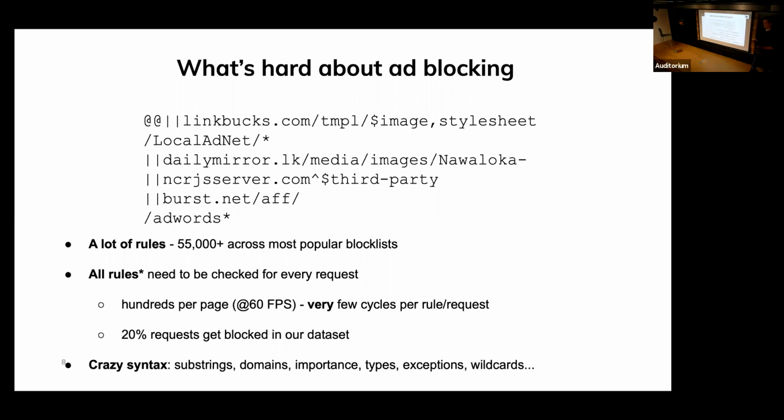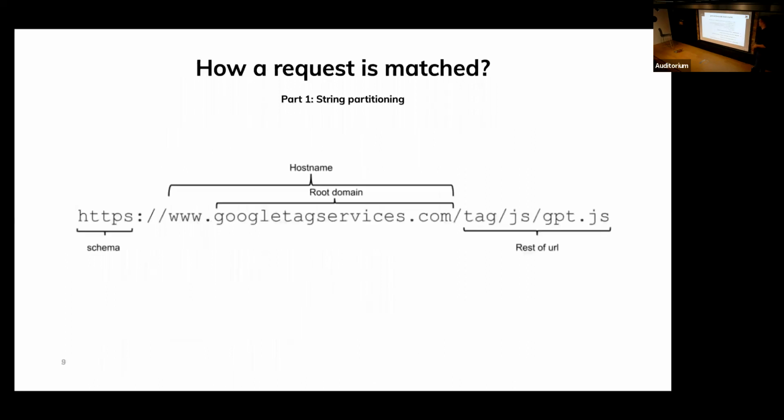You have not-types, so basically anything apart from scripts. You have exceptions. The first one is actually an exception. Even if you matched any other rule, but you also match an exception, then you should be letting the request through, mostly because it causes web compatibility issues, something breaks on the site. So that's the way of solving it. And then, of course, things like arbitrary wildcards and whatnot. So the syntax becomes tricky. A lot of matching to be done. You need to be fairly fast.